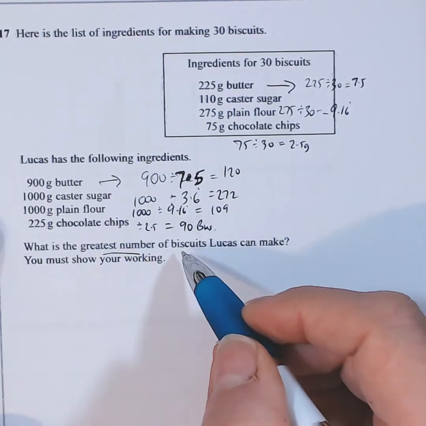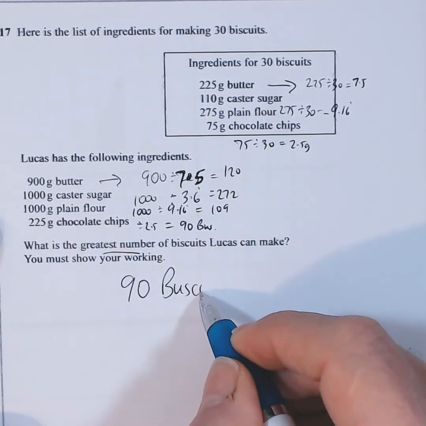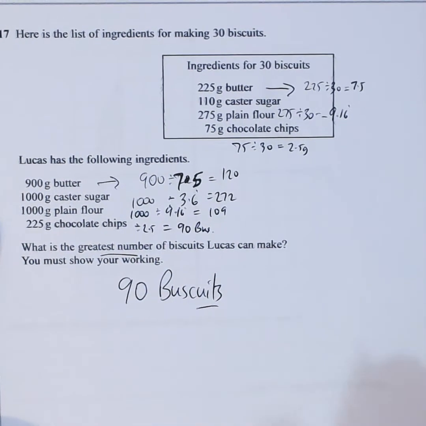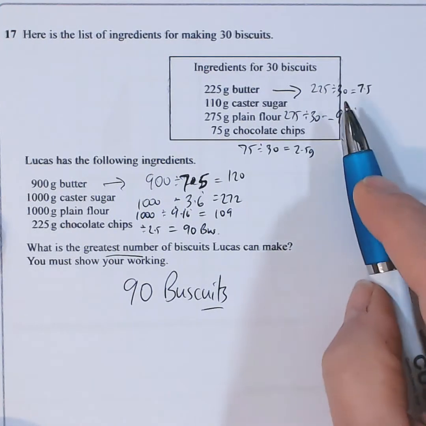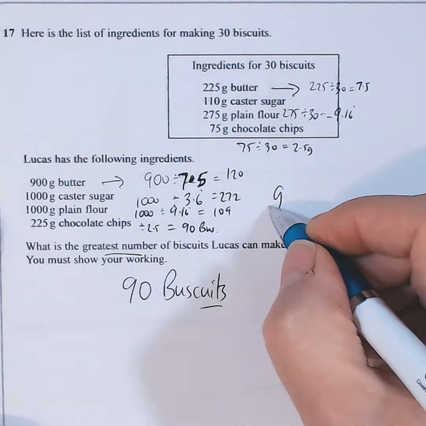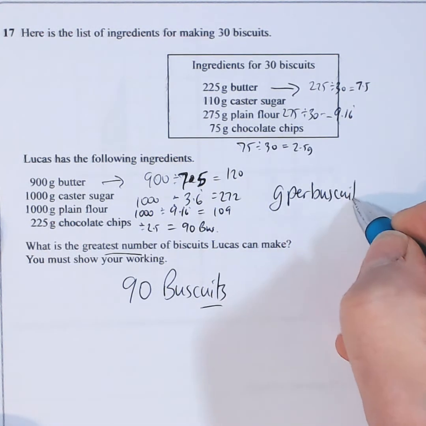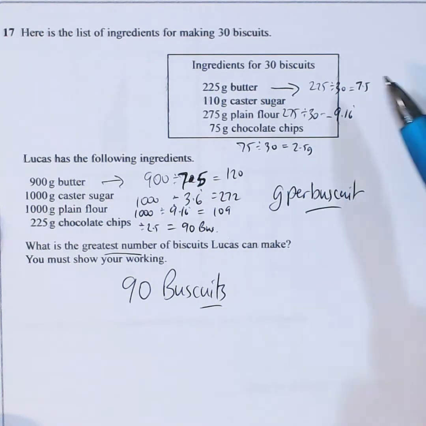So when it says what is the greatest number, the answer will be 90 biscuits. Now what I did there was I worked out how many grams of each item per biscuit. So I did grams per biscuit. That's one way of doing it.